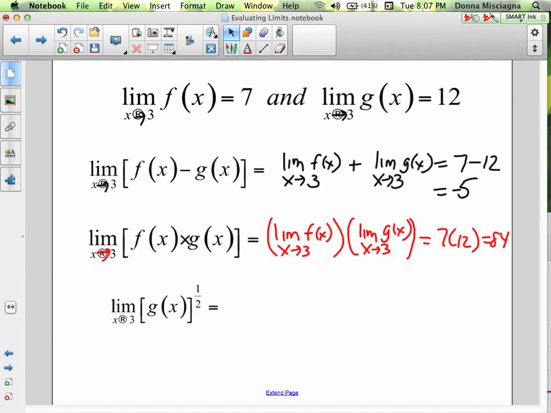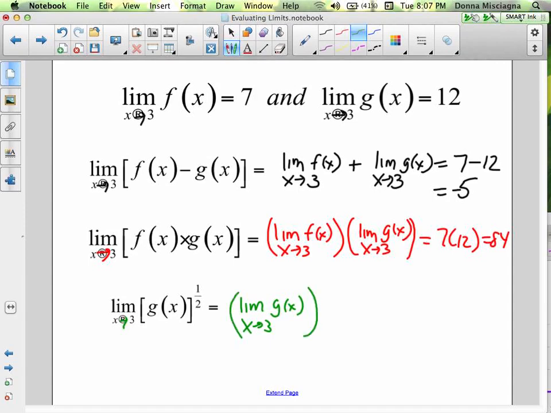And then one more example, all right? So the limit of g of x to the 1/2 power as x approaches 3 is equal to the limit of g of x as x approaches 3, all raised to the 1/2 power.